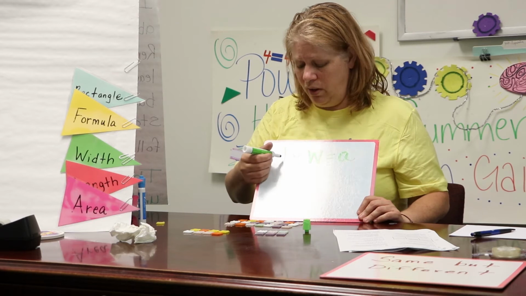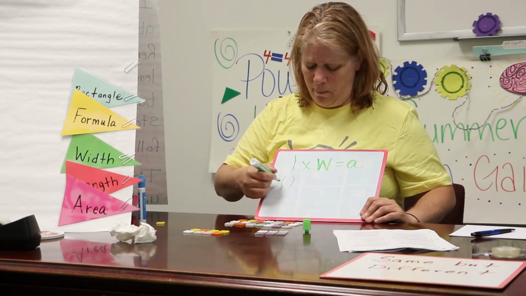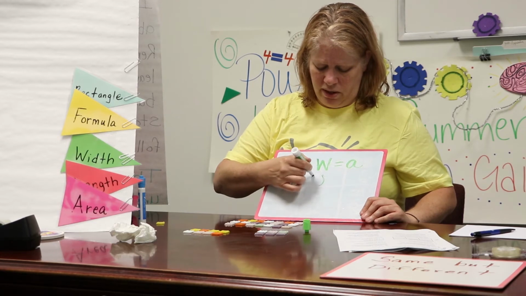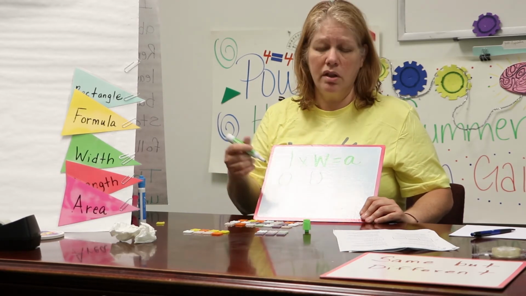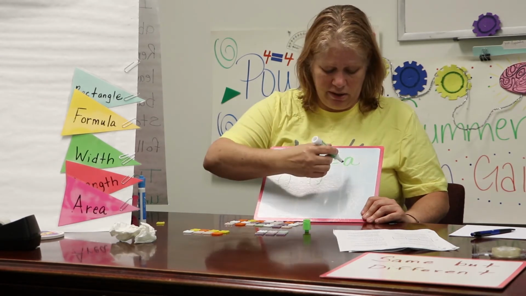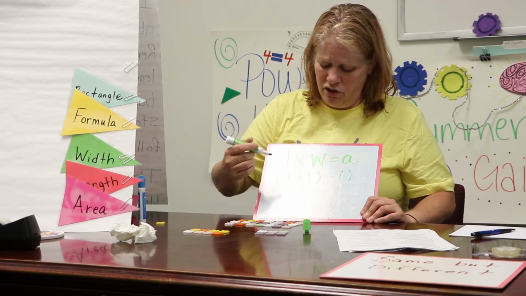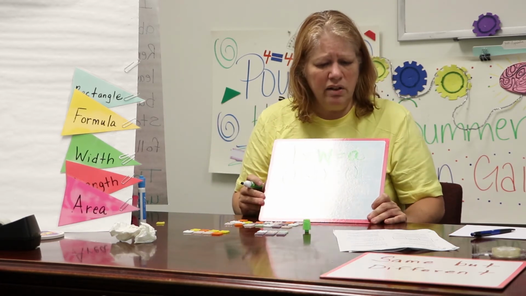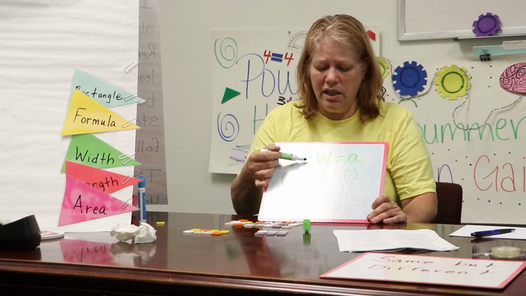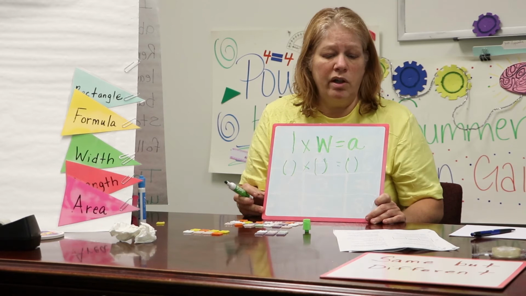L stands for length. So when we have this area, we're just going to substitute the number in. So instead of always saying a number, we just use a letter and we just substitute the number in for it to make it easier. So you can put parentheses underneath there, and then you just go fill it in. Okay? So we're going to use the length times width equals area formula to describe the following rectangles.